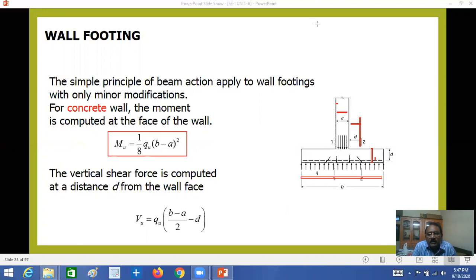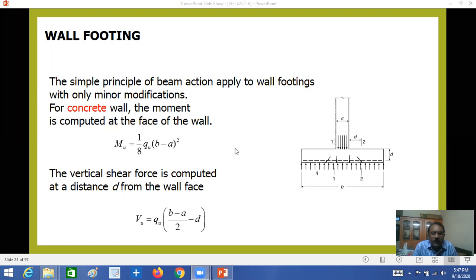You must remember this formula, and you can derive it by treating it like a cantilever beam, and you can calculate the moment and vertical shear.